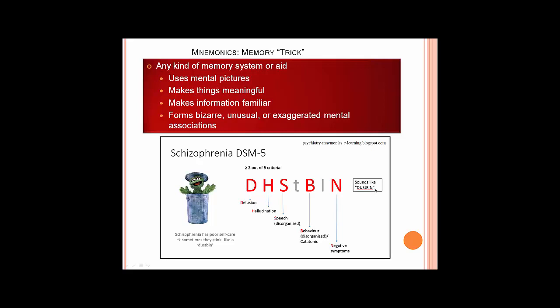So if you remember dustbin, only no T, and this H is sort of a U. So dustbin: delusion, hallucination, disorganized speech, disorganized catatonic behavior, and negative symptoms, which includes things like constricted affect. So schizophrenia has poor self-care. Sometimes they stink like a dustbin.